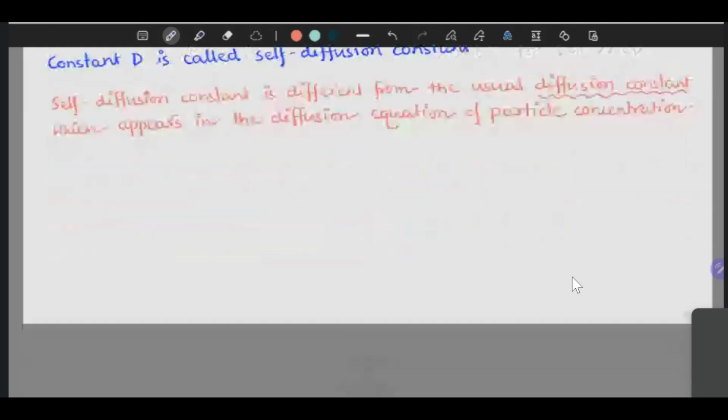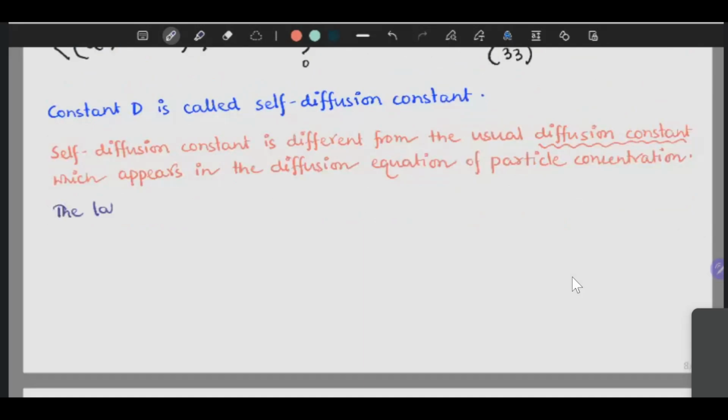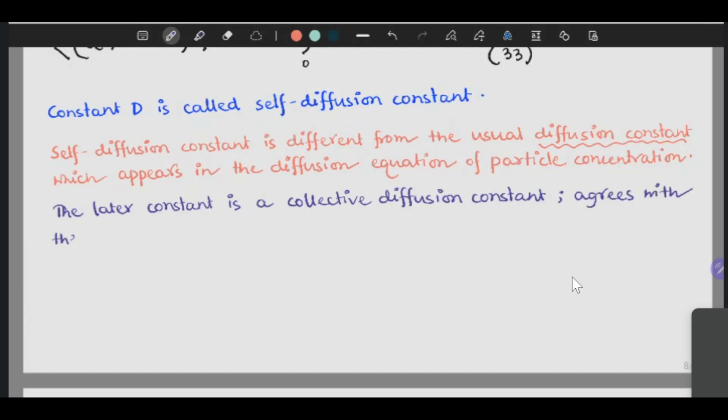So the latter constant is a collective diffusion constant, and it actually agrees with the self diffusion constant in dilute solutions.